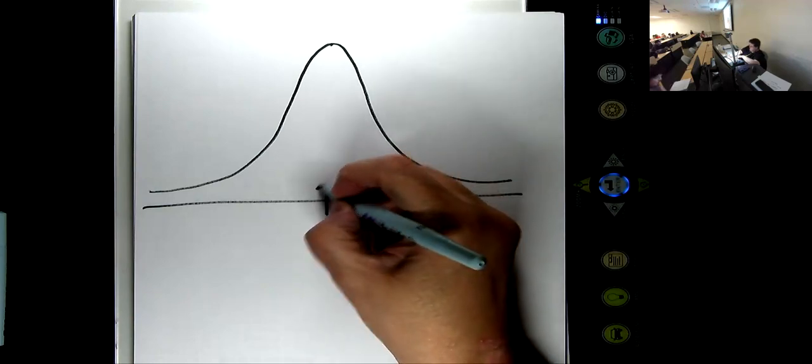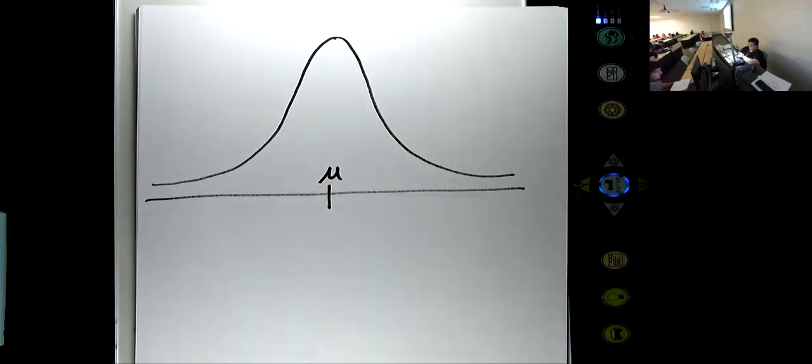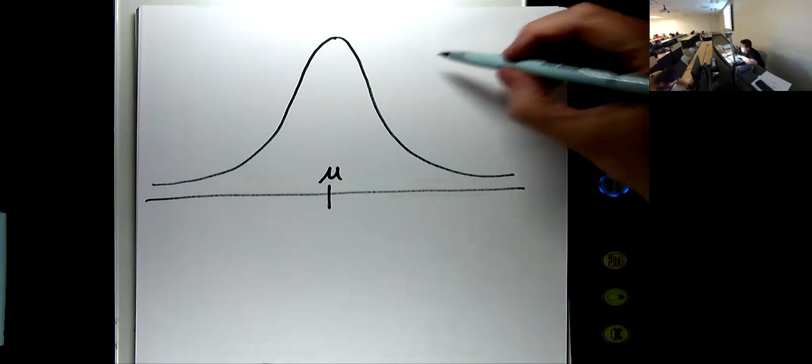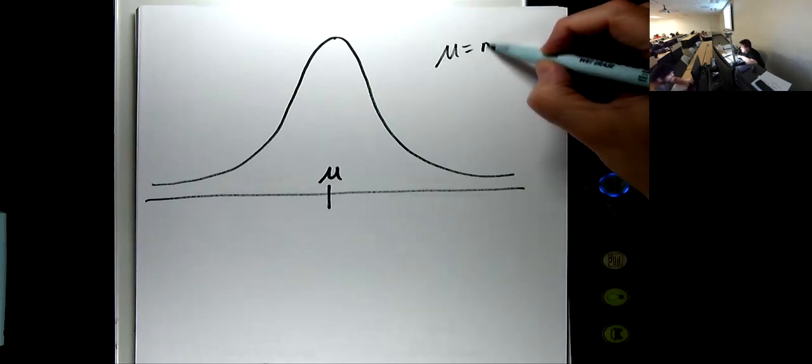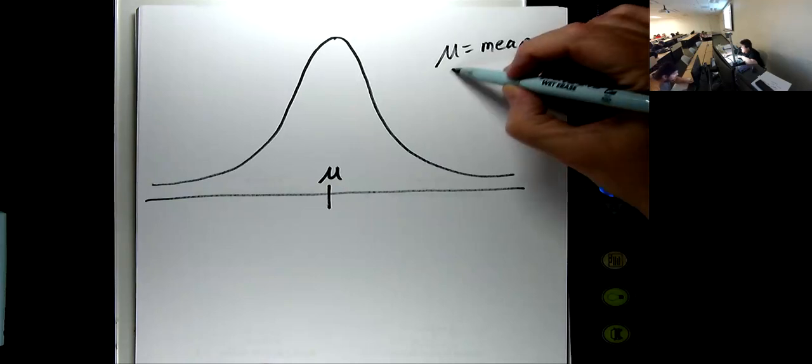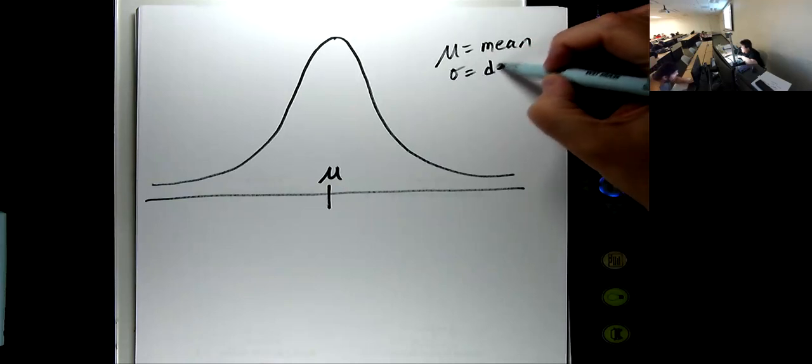Right in the center, we have our mean. So recall mu is mean and sigma is deviation. This is both for populations.